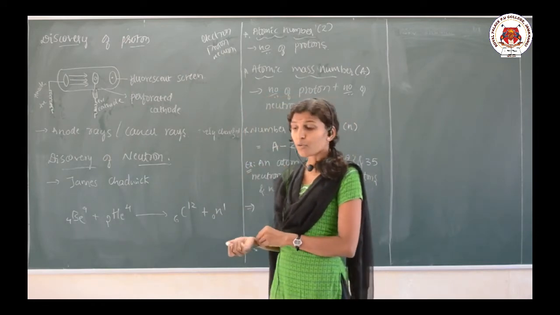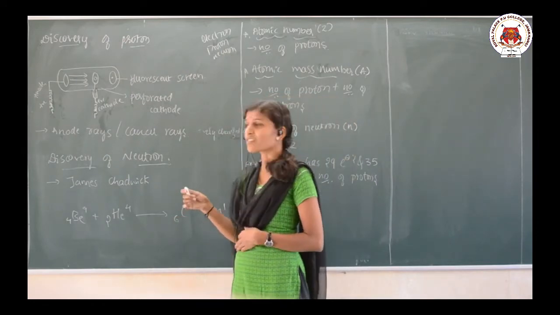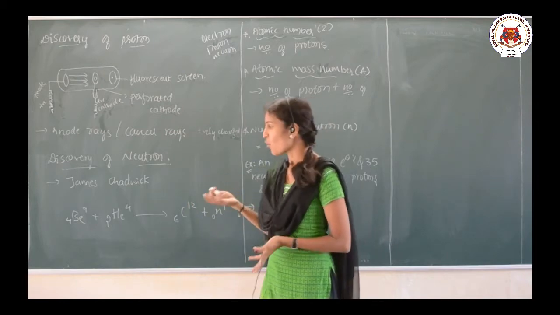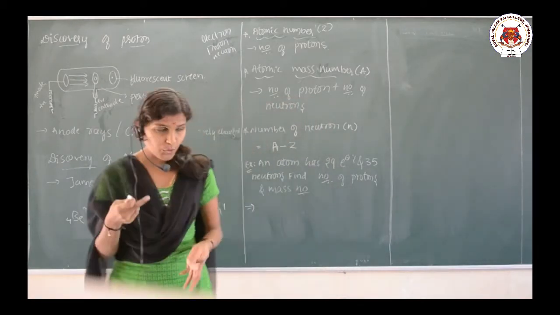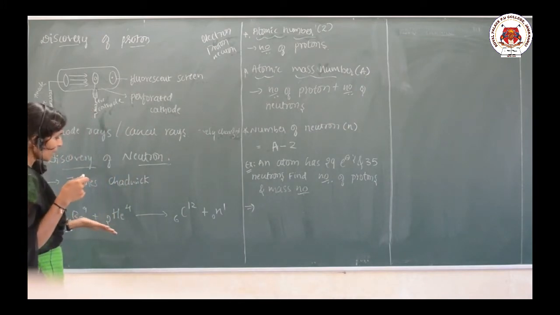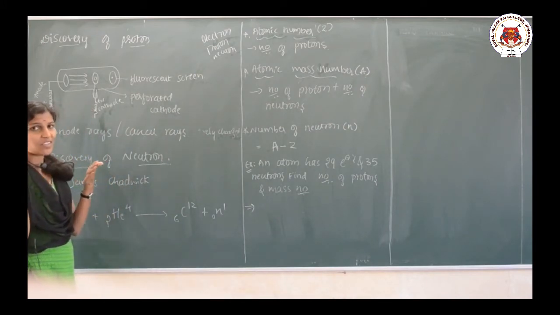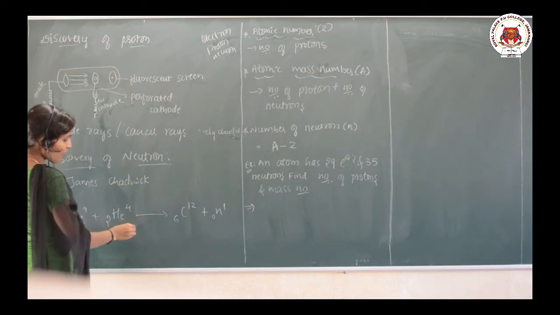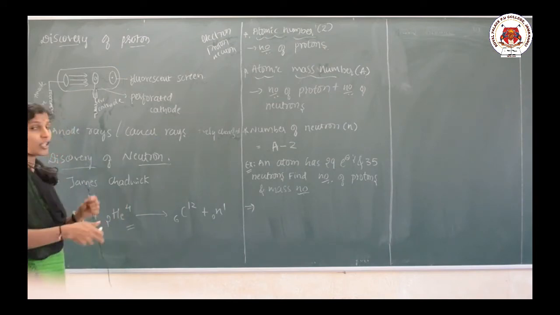The neutron was discovered by the scientist James Chadwick. He took a thin sheet of beryllium and bombarded it, that is, hit it with alpha particles, which are helium nuclei.